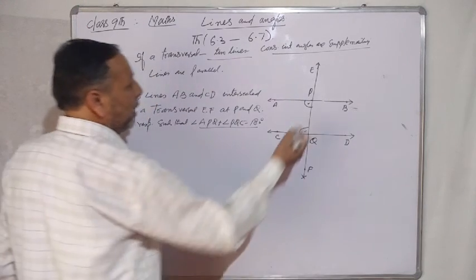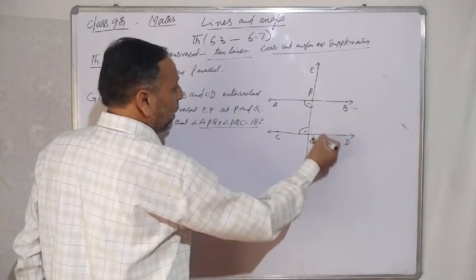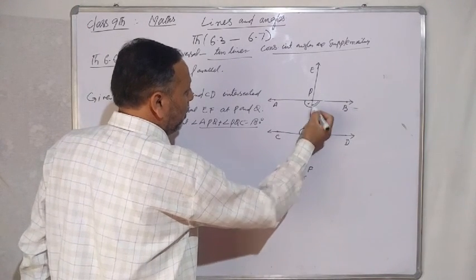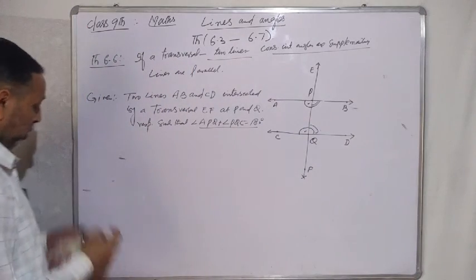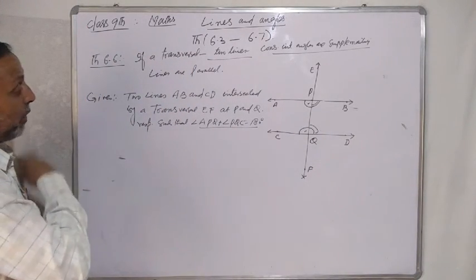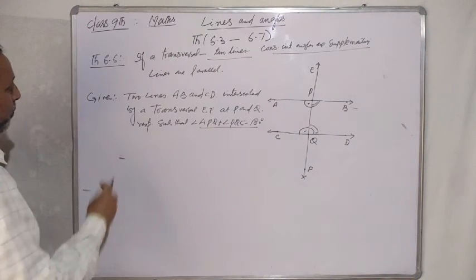For that matter, you can take angle BPQ plus angle PQD is 180 degrees. Then prove that lines are parallel.